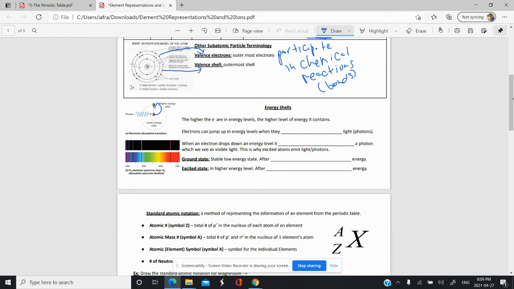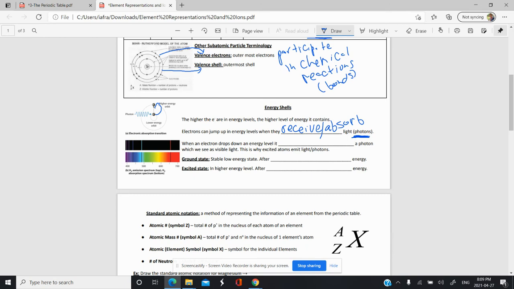So electrons can jump up in energy levels when they absorb light energy. The energy in the form of light, we give it the term photons. Not protons, but a photon of light. It's like a packet of light energy.